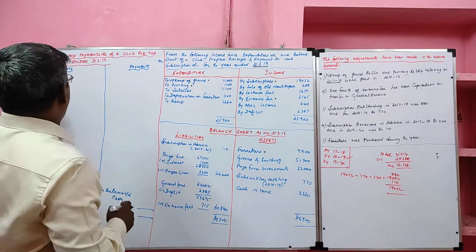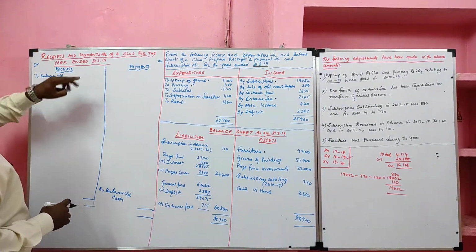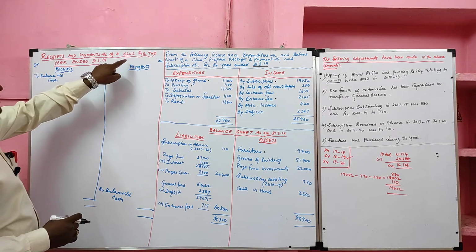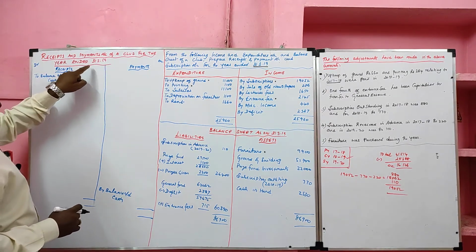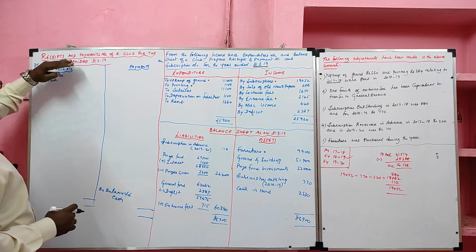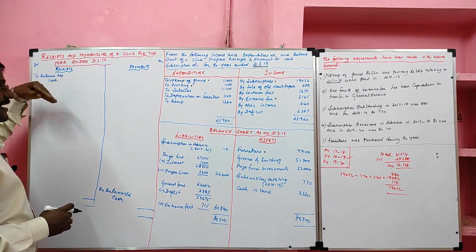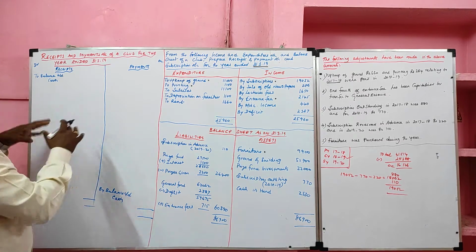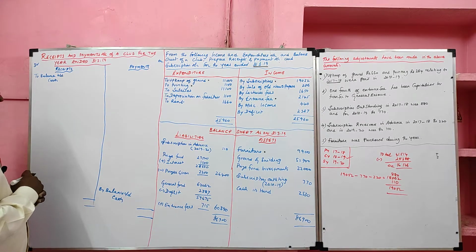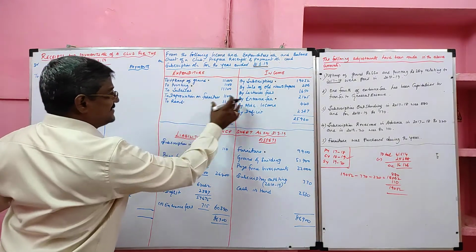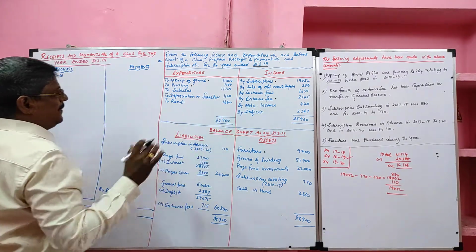Yes students, now I have drawn the format of receipts and payment account: receipts and payment account of a club for the year ended 31st March 2019. Here previous year, current year and subsequent year transactions are recorded, but in income and expenditure account current year transactions alone are recorded.